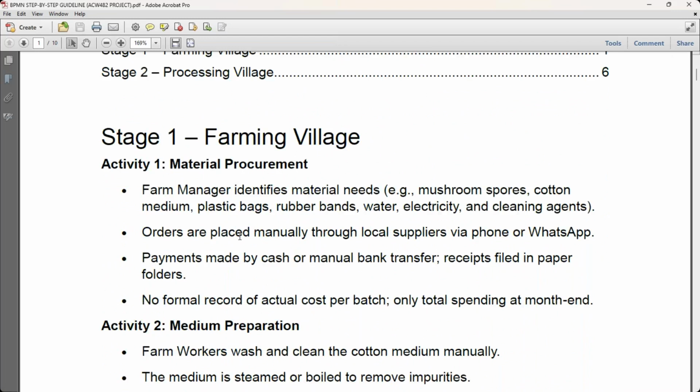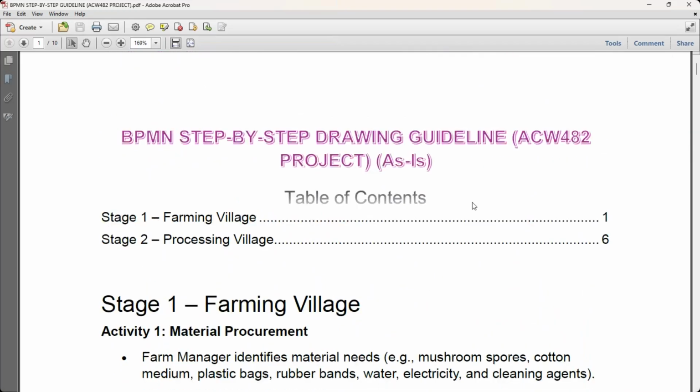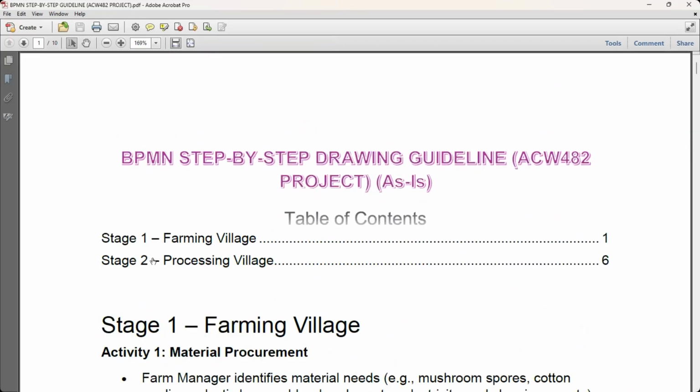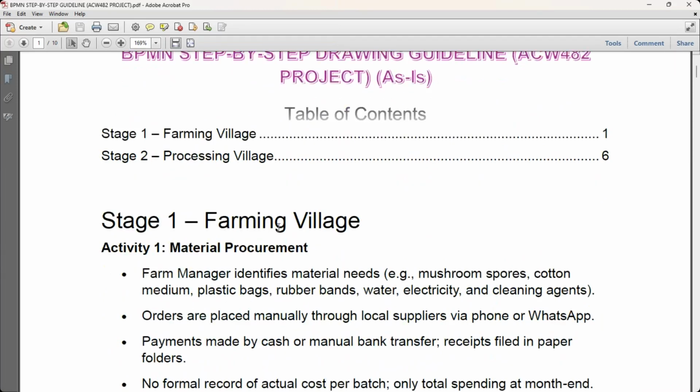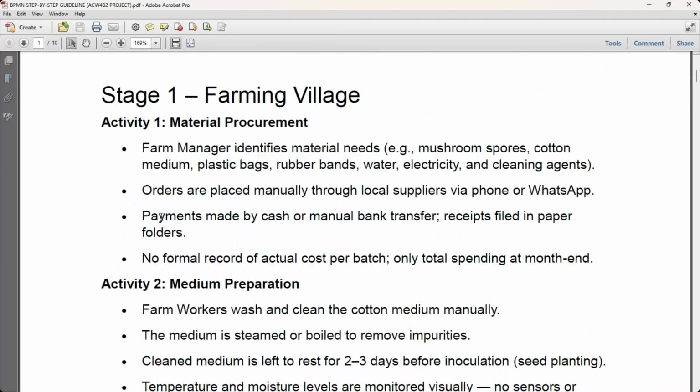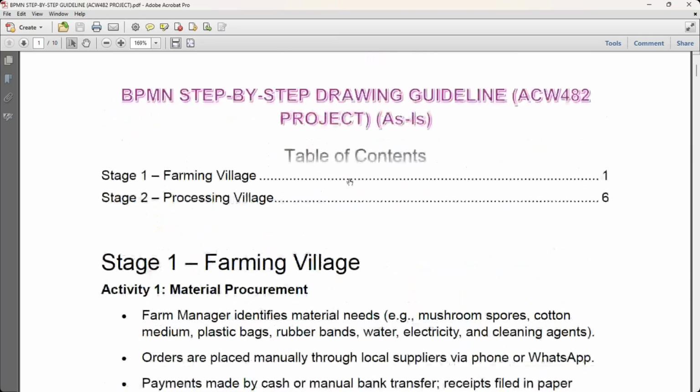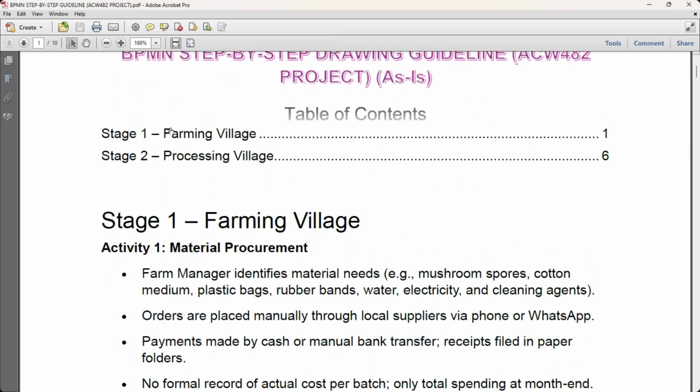If I do the farming stage, these are like a production cycle. We can see how they do the farming of their mushroom in these activities over here. And we have two villages, the farming village and the processing village.